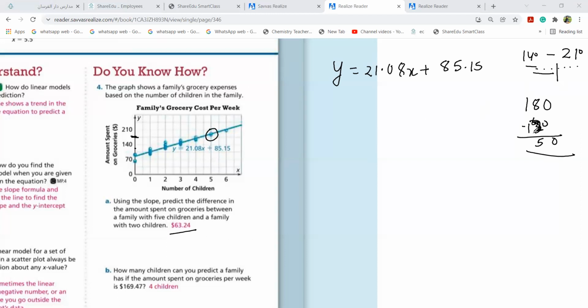Let us just do 120. And almost like $60, right? How do you get $60? 180 minus 120. It's your prediction, girls. You just subtract between the families of 5 children and families of 2 children. You subtract because this directly asked us the difference in the amount spent with 5 children and with 2 children.